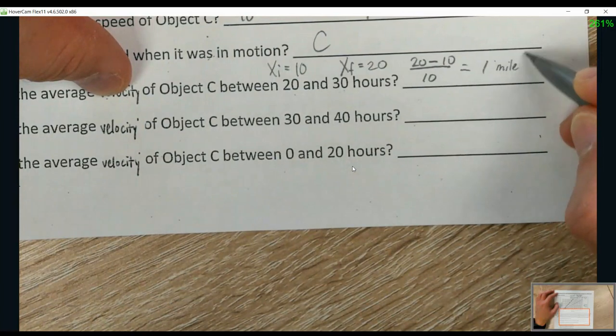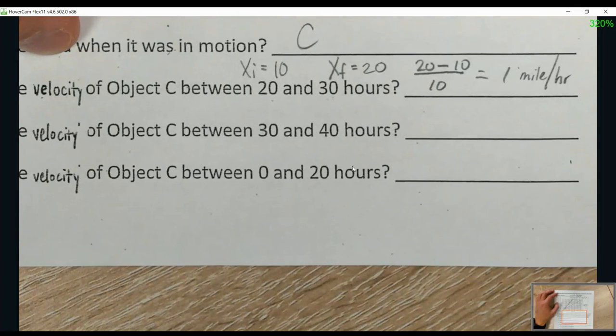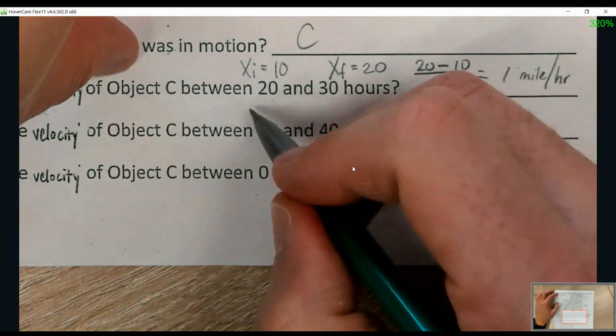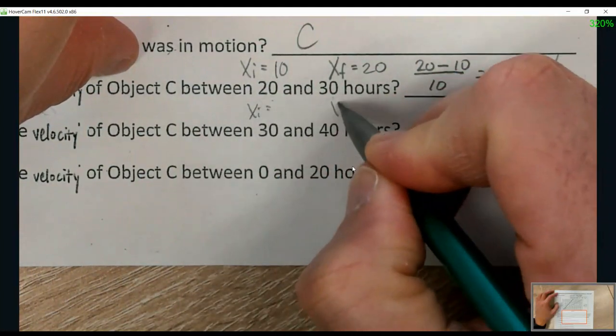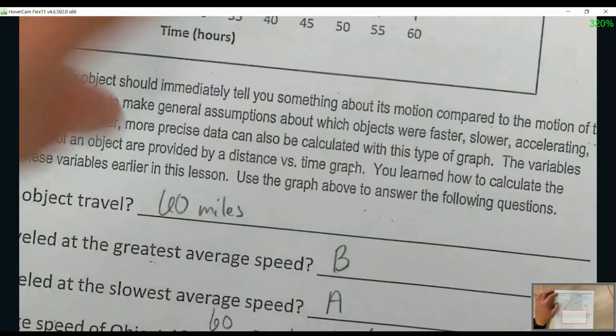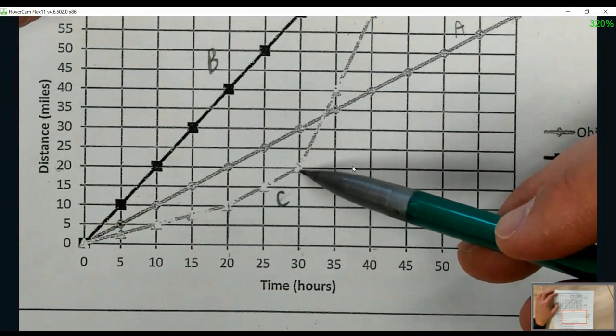And since the unit we're dealing with is miles, and that's our distance unit, and the time unit is hours, we're going to go like that. All right, so now let's look at it between the hours of 30 and 40. So at 30 hours, we go up, go to 30, go up, and go across.